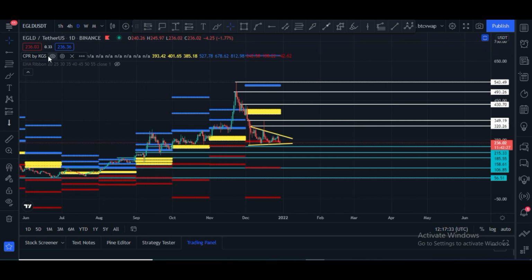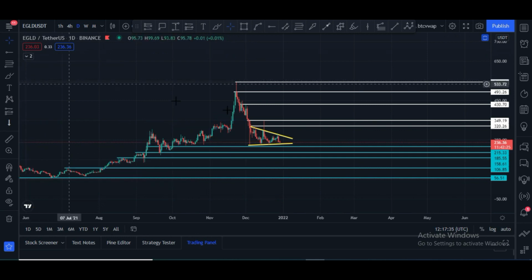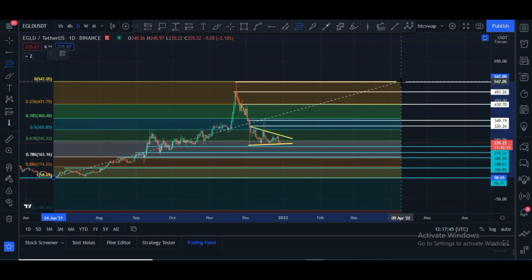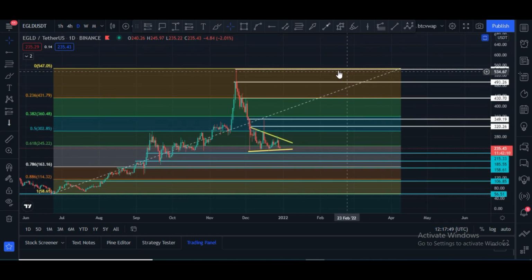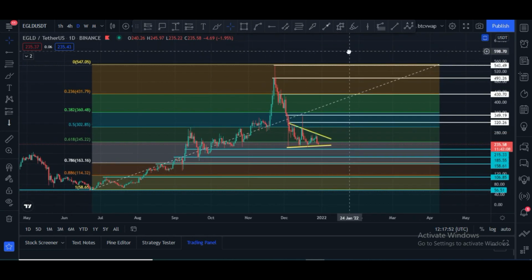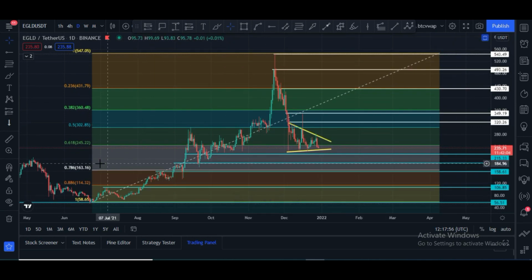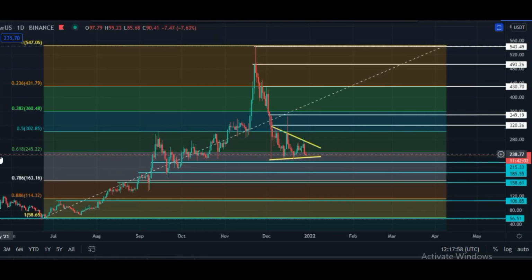Let me hide this and show you Fib levels to trade. For this, let me take this tool and arrange this chart and show you levels to trade. Currently it broke the 0.61 golden pocket, the $245 price area.